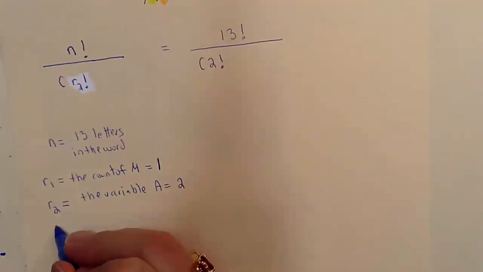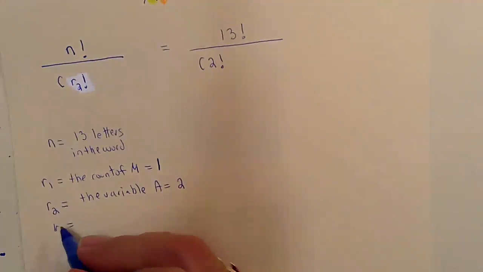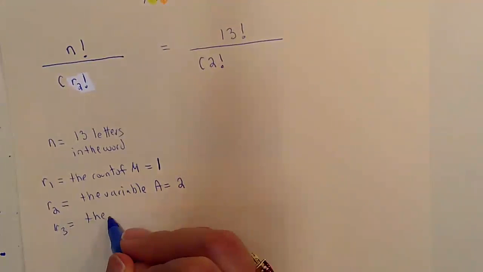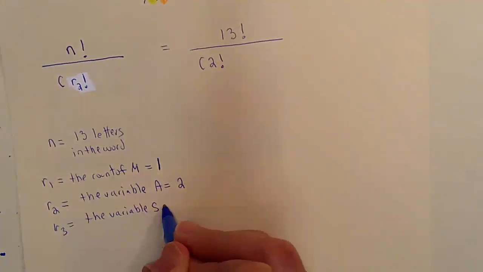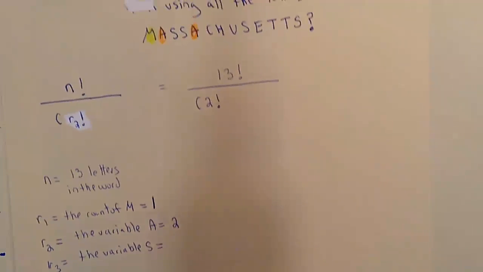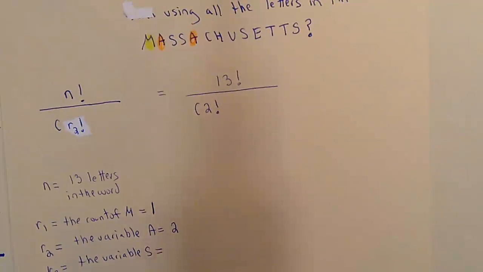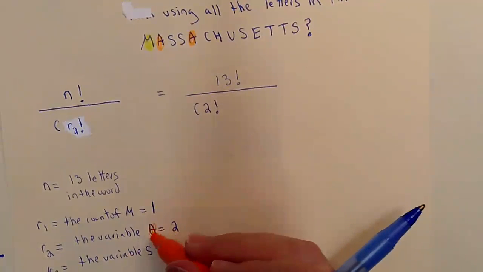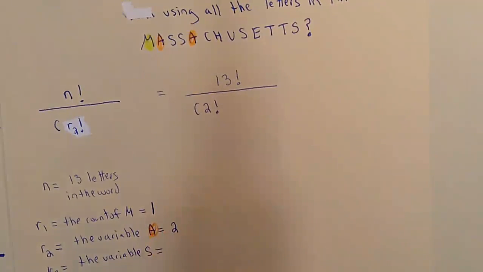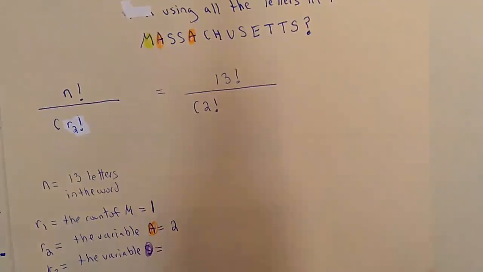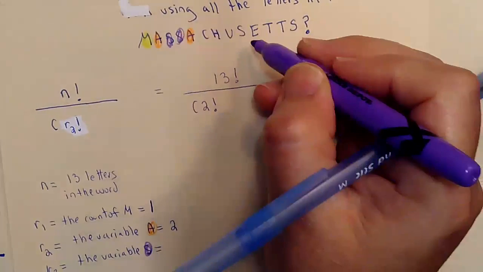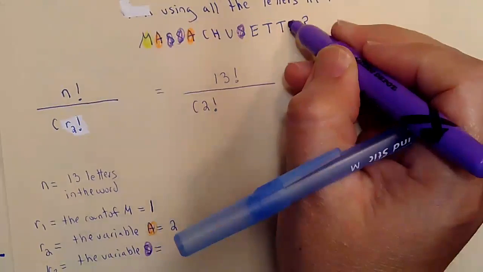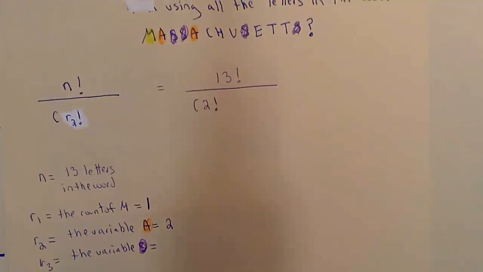And then R sub 3 is going to be the variable S. So I got the A's. Now I got S's. So here's 1, 2, 3. Wow, it looks like 4 S's.